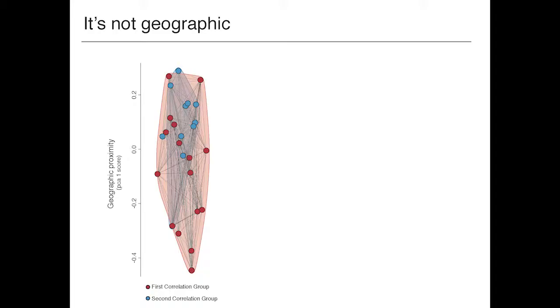You can collapse those down to a single dimension. You lose a little bit of information, but on this y-axis, which is a one-dimensional description of distance, these 2 points are closer together than this point and this point are. And you notice how the red and blue points are all mixed up together, which means geography does not separate the red and blue points from each other.